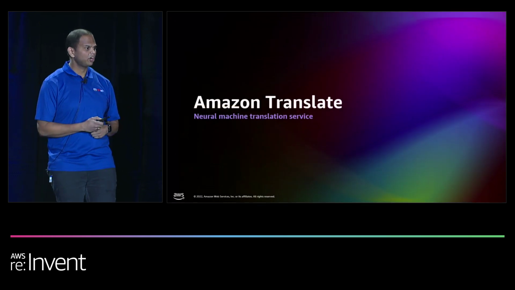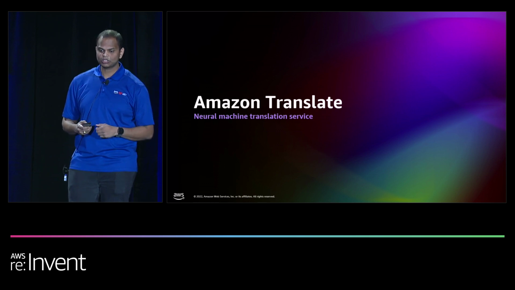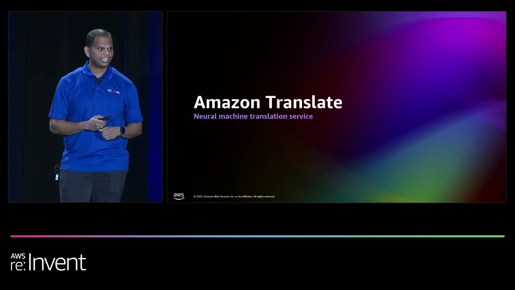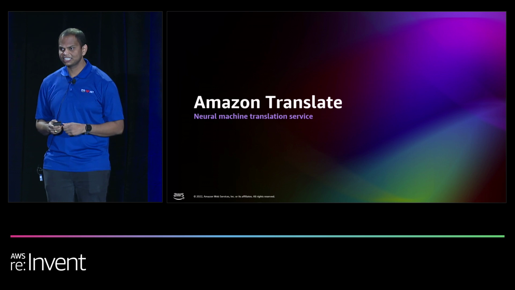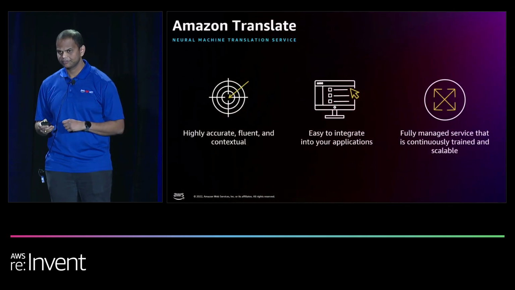With that, let's move on to the next AI service that we will look into today. That is Amazon Translate. Amazon Translate is a neural machine translation service that provides fast, high quality, affordable, and customizable language translation.